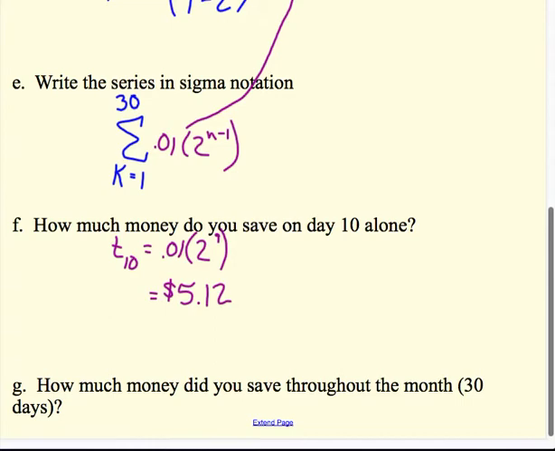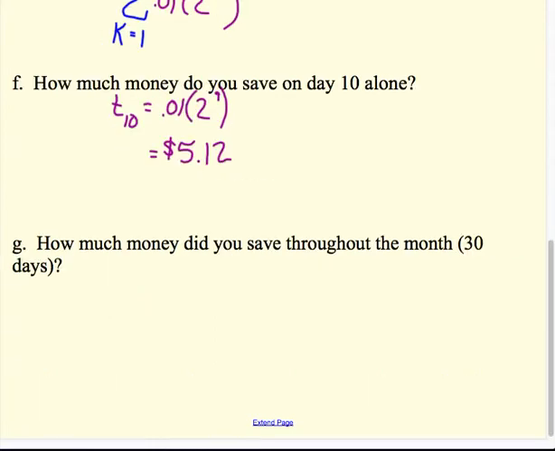Still not real impressive. But when we look at how much we've saved through the 30 days, this is where we're going to finish evaluating that sum formula. So we had S sub 30 equals our first term times 1 minus 2 to the 30th power over 1 minus 2.